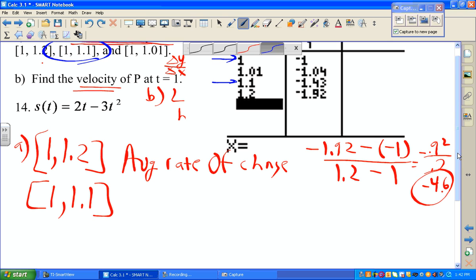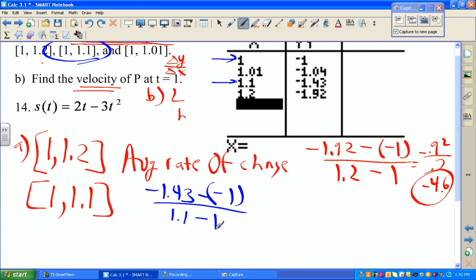You can compute them lots of different ways. So I'll take negative 1.43 minus negative 1 all over 1.1 minus 1. So I get negative 4.3 is my answer. Is that right? You get 0.43 divided by 0.1, so 4.3, right?